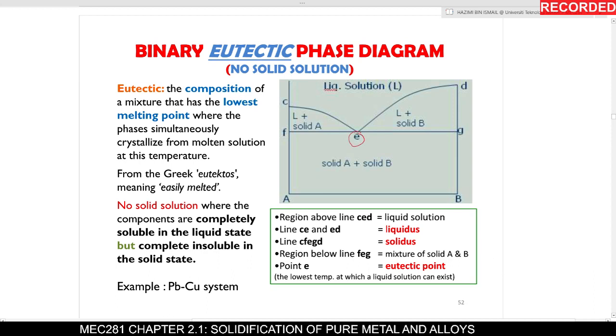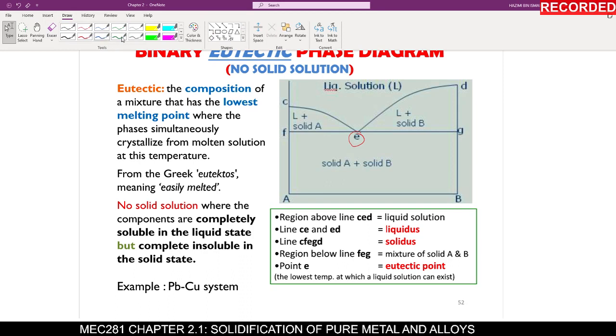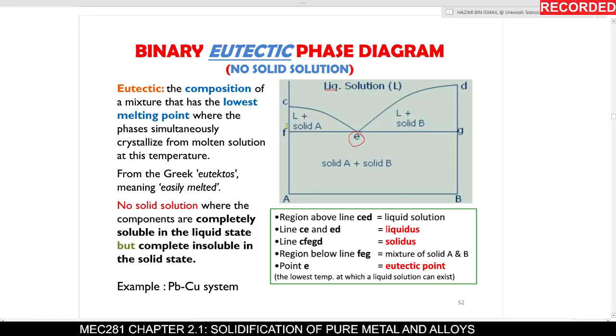This slide shows the region above line CED. Where is CED? Let me change my pen first. C to E to D, this one is the liquidus. We have discussed before that the liquidus is the borderline between the liquid and the intermediate phase regions, where we have L plus B and L plus A. So this is the liquidus line.